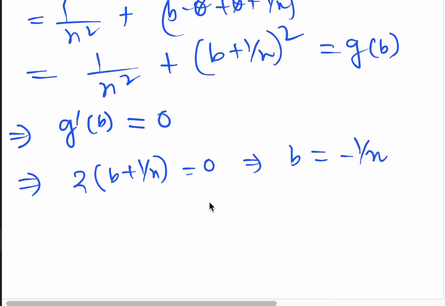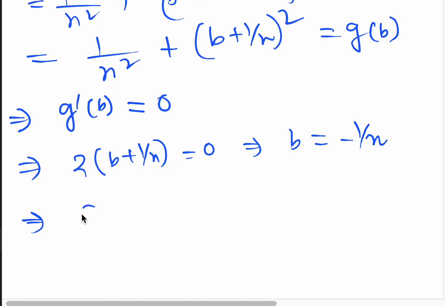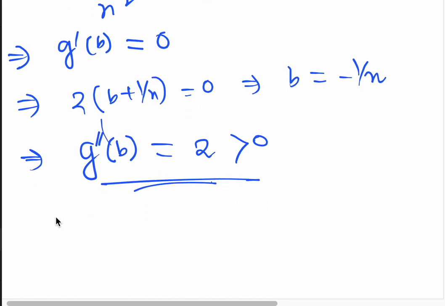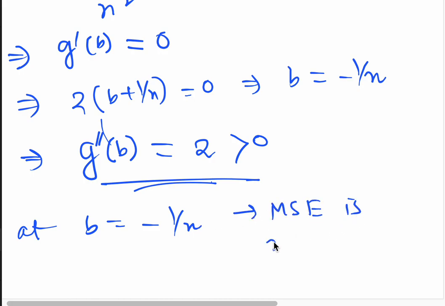This will be the extremum point. Let's see whether it's minimum or maximum. g double prime b will be 2 and it is greater than 0, that means at the point −1/n it is minimum. So at b equal to −1/n, the mean square error is minimum.